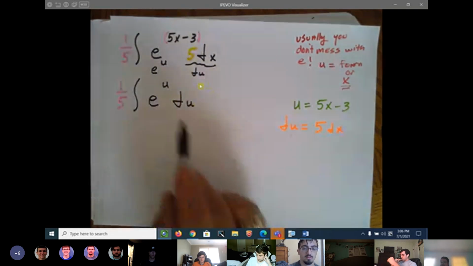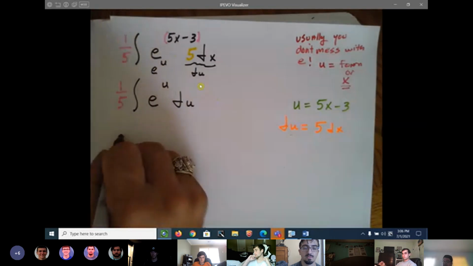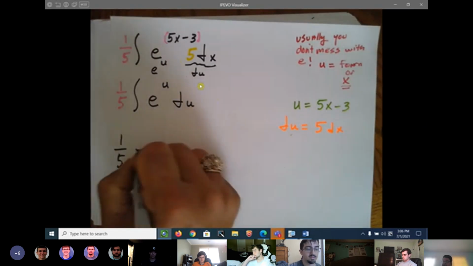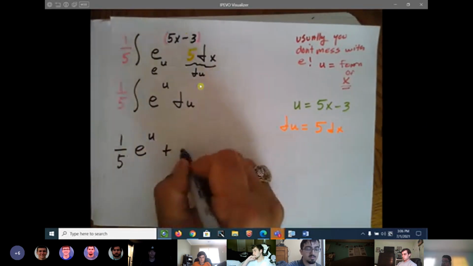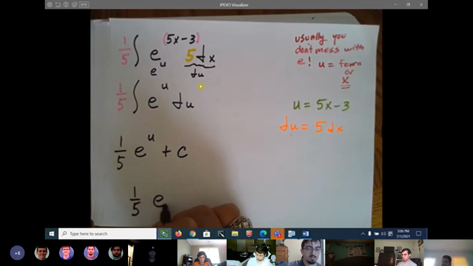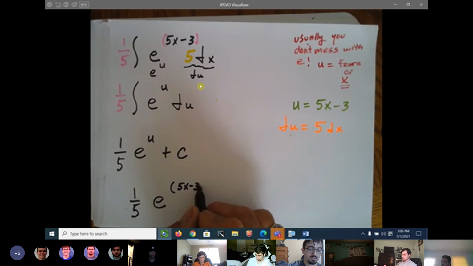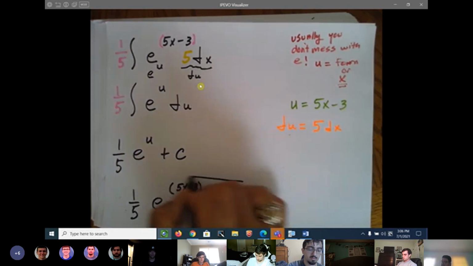Hey, what is the antiderivative of e to the u? E to the u. So your answer is 1/5 e to the u plus c, and that's 1/5 e to the 5x minus 3 plus c.